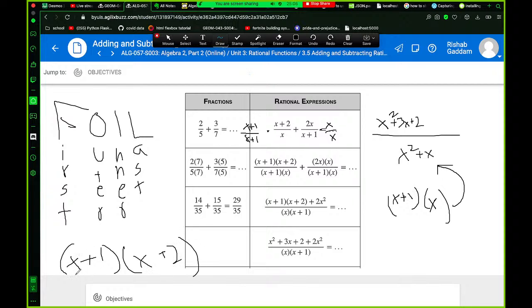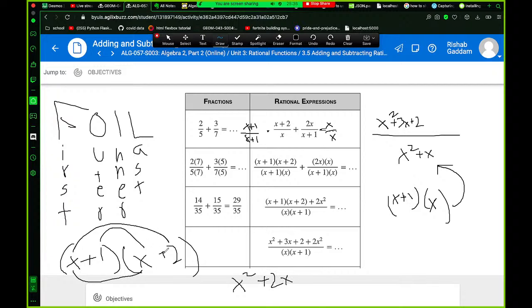You basically multiply the firsts, because these two are first in each of the binomials. So after you do that, you get x squared, and then you do the outer. So in this whole thing, the outer things are these two, so you get plus 2x.